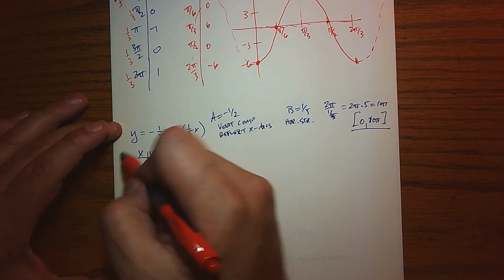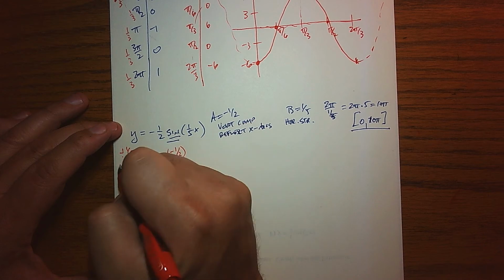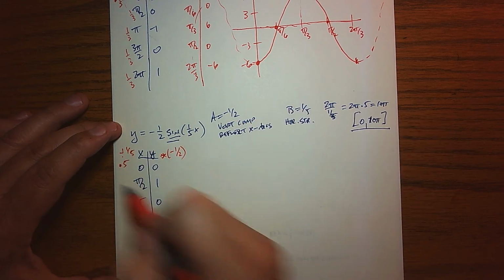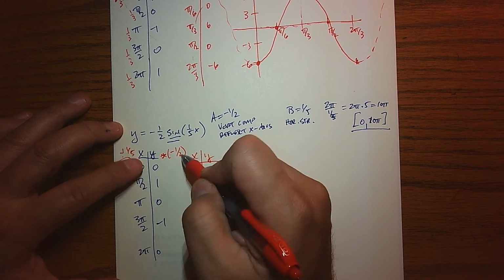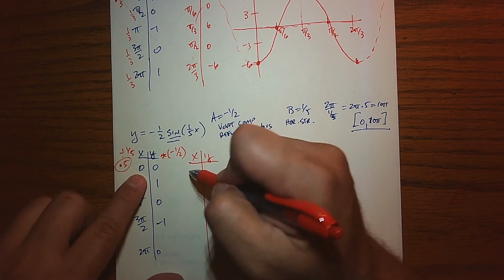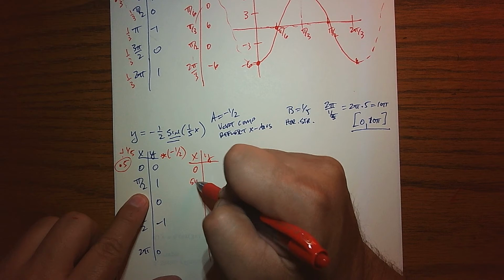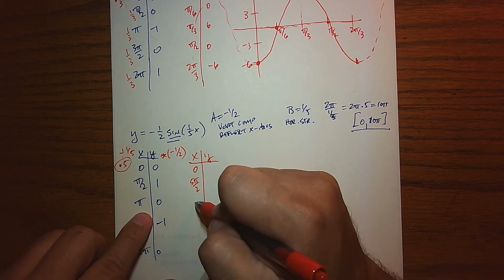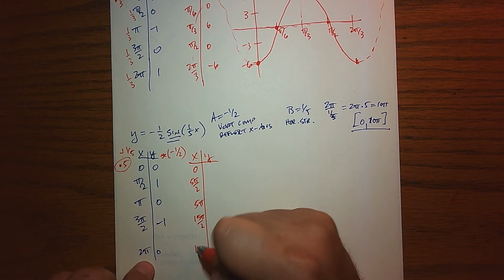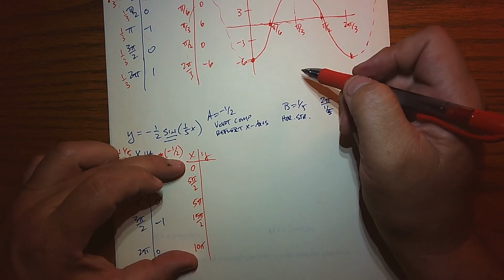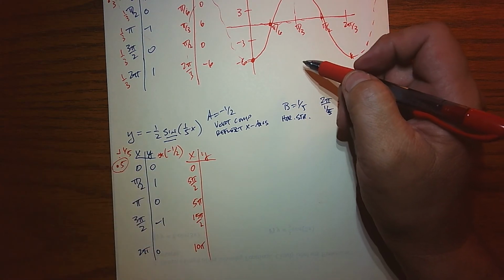For x, we're going to divide them by 1/5, but that's basically the same thing as multiplying by 5. So in my new table, for the x, 5 times 0 is 0, that's 5 pi over 2, that's 5 pi, that's 15 pi over 2, and there's your 10 pi. So we have 10 pi broken up into nice 4 intervals.